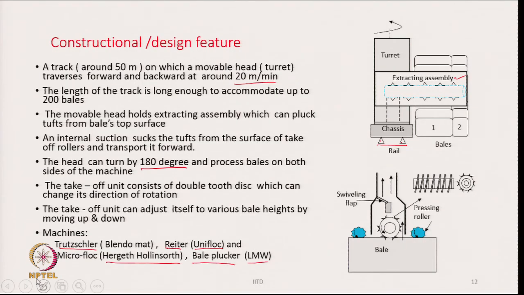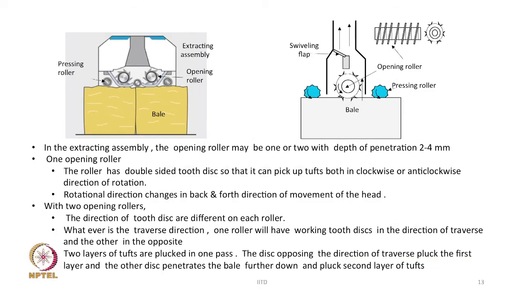The structural feature of the machine is shown here. This is the takeoff unit, the bale is here, and within this there is a disc. We will discuss that in the next diagram, which is given in more detail.